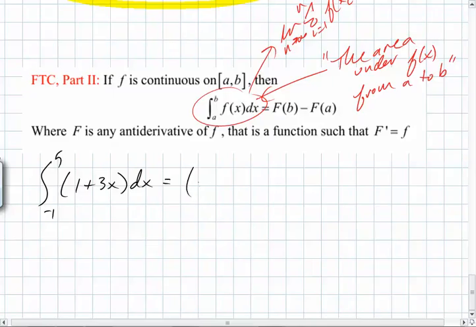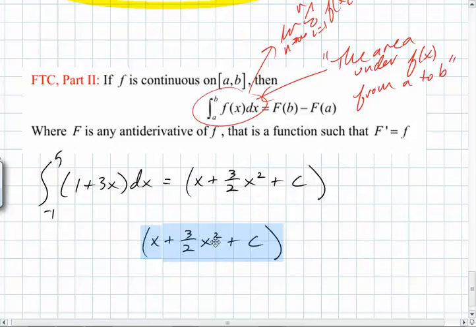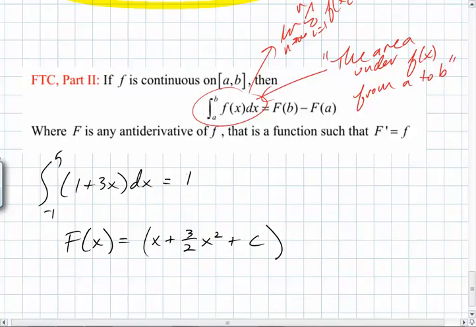If you anti-differentiate 1 plus 3x, you get x plus 3 over 2 x squared plus c. This tells you that the integral is equal to this right here. I'm going to write this a little differently. This is F of x, so this is F of the upper value 5 minus F of negative 1.